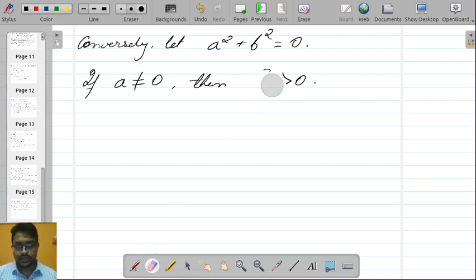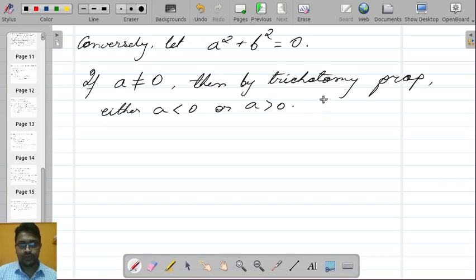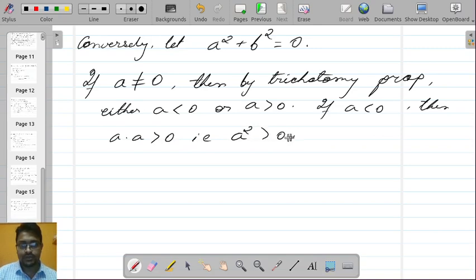If a is non-zero, then a square is greater than 0. Let us have a look at it again. If a is not equal to 0, then by the trichotomy property either a is less than 0 or a is greater than 0. If a less than 0, then a into a will be greater than 0, that is a square is strictly greater than 0.